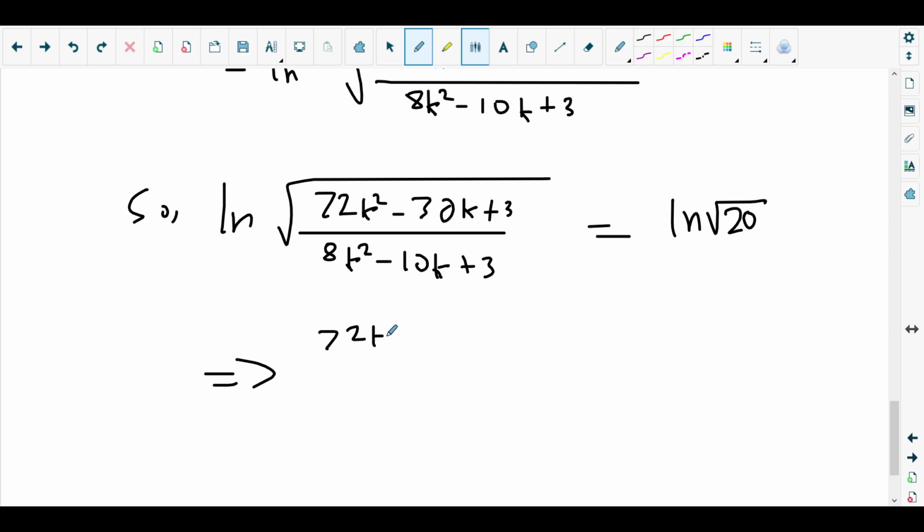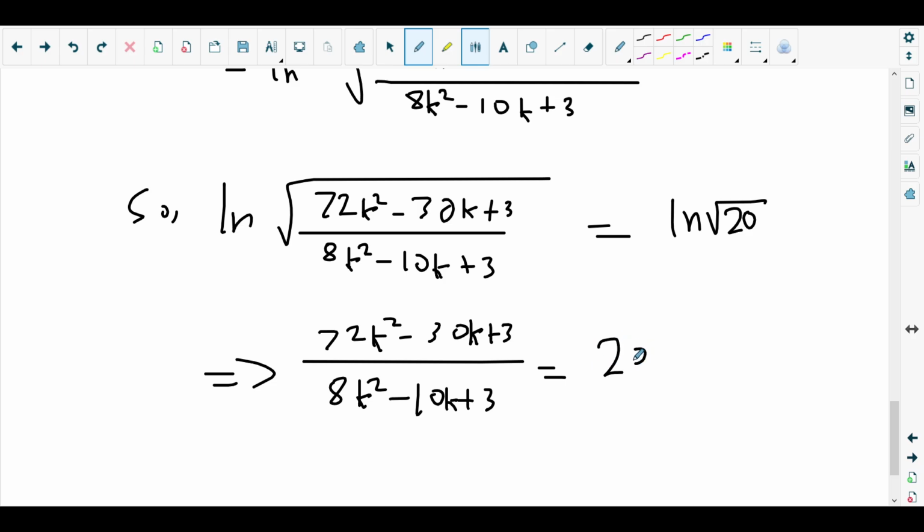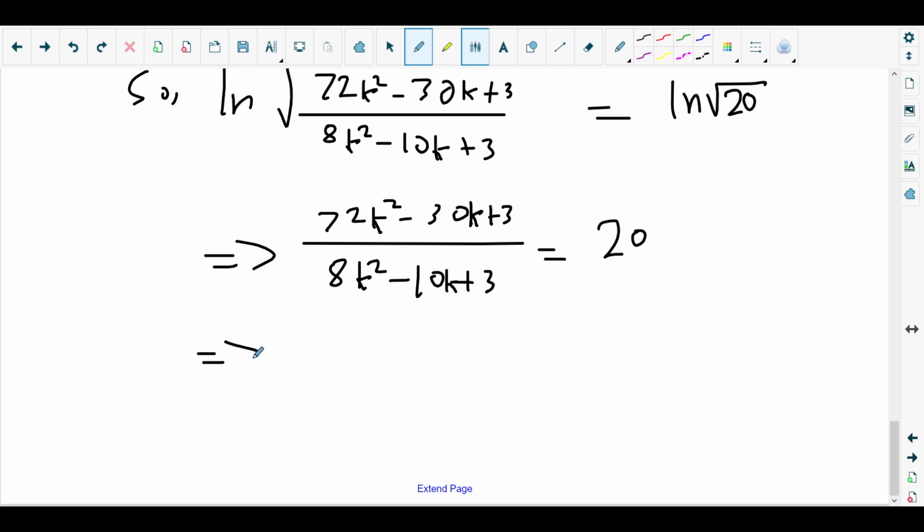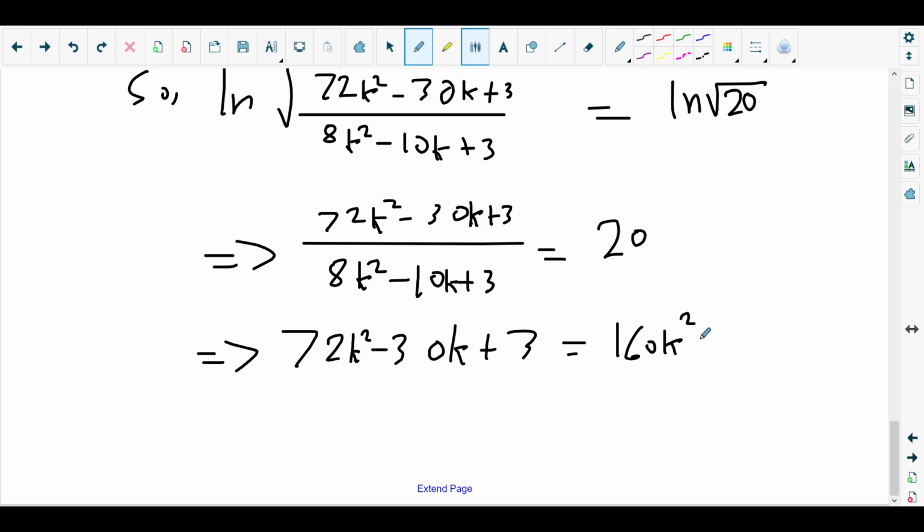You get 72k squared negative 30k plus 3 over 8k squared negative 10k plus 3 equals 20. Cross multiply: 72k squared negative 30k plus 3 equals 160k squared negative 200k plus 60.